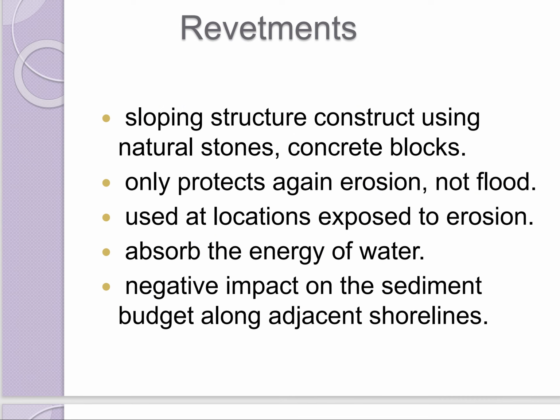Revetments can protect the coast against erosion, so it is used at locations exposed to erosion. So these structures absorb the energy of water. These structures also can have a negative impact on the sediment budget along the adjacent shorelines.